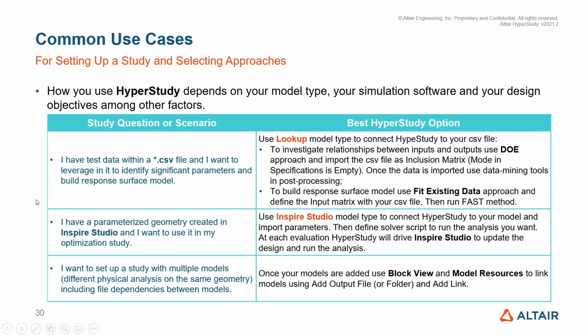There are some additional study questions and scenarios here, so we can link up to a CSV file, Inspire Studio. And one thing that I want to call attention to is the ability to do different physical models and link them, including some kind of dependency. Maybe we want to study a certain rail and it needs to have crash performance that we have to validate in Radioss.